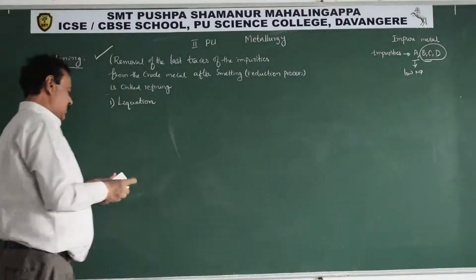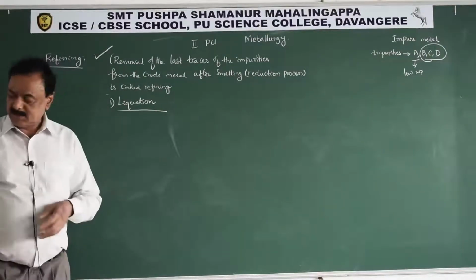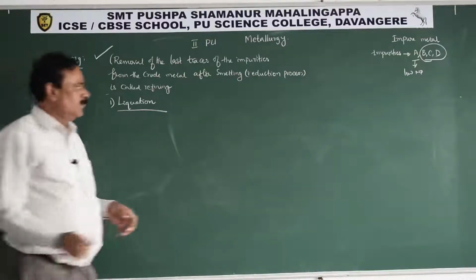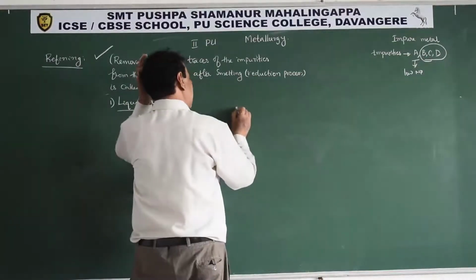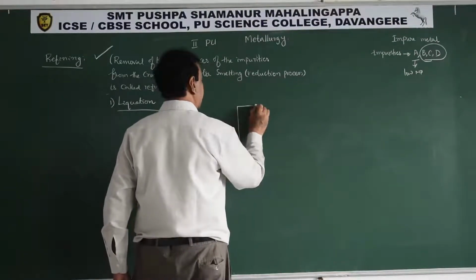What do I mean by the liquation procedure? Here the impure metal is placed on the sloping hearth of the reverberatory furnace.